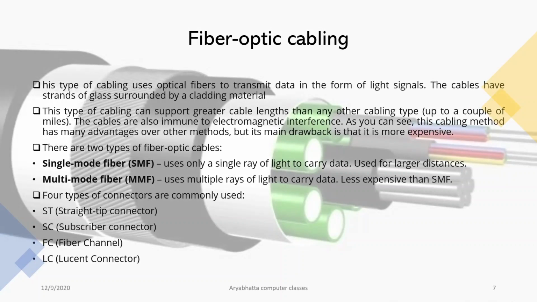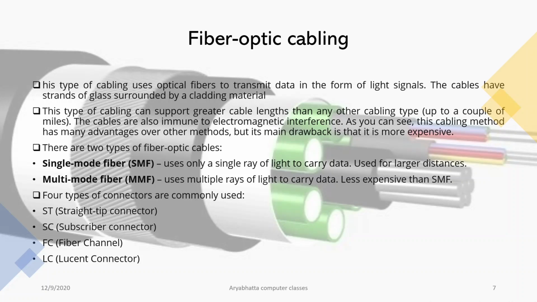Now we have fiber optic cabling. This type of cabling uses optical fiber to transmit data in the form of light signals. The cable has strands of glass surrounded by a cladding material. This type of cabling can support greater cable length than any other cabling type, up to a couple of miles. The cables are also immune to electromagnetic interference.